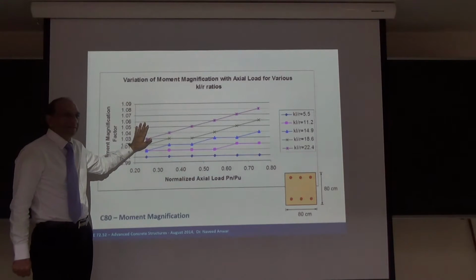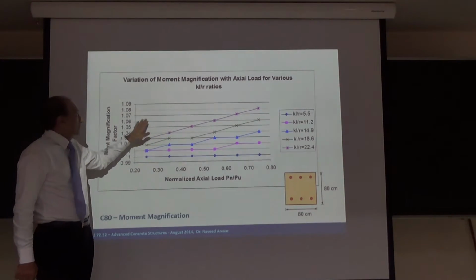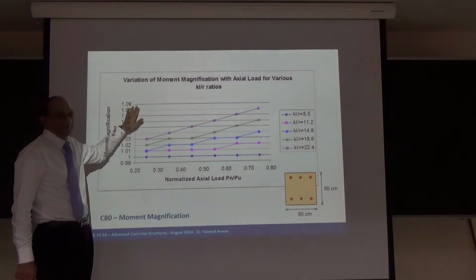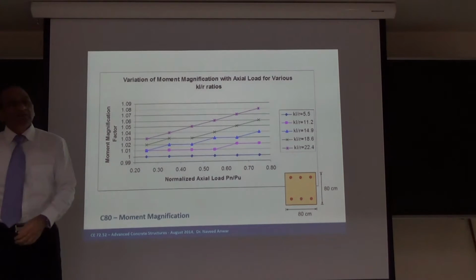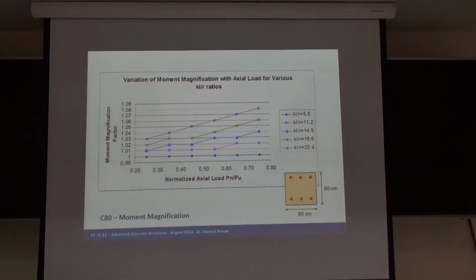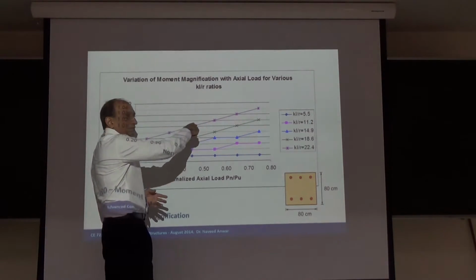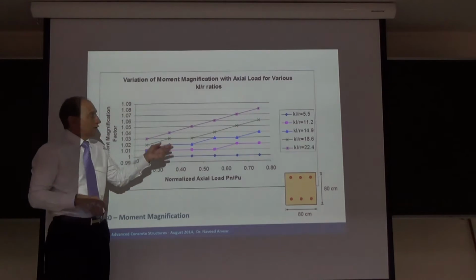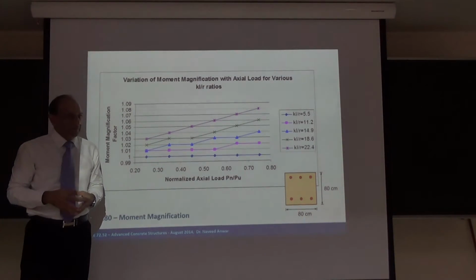For a tall building, even the worst one with a bigger column, the moment magnification hardly crosses 1. Right? So that's the lesson from this one. For the bigger columns of a typical tall building, moment magnification will be quite small. And for small columns, it could be quite large for a shorter building.